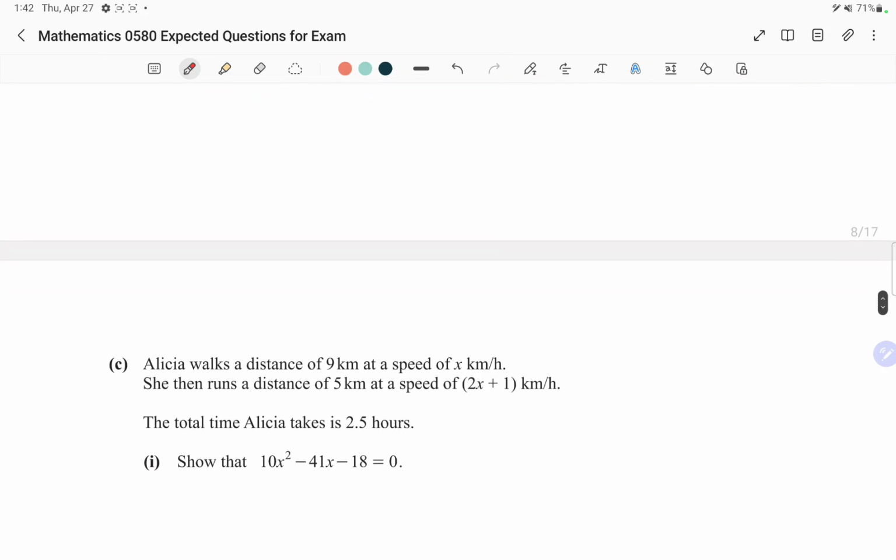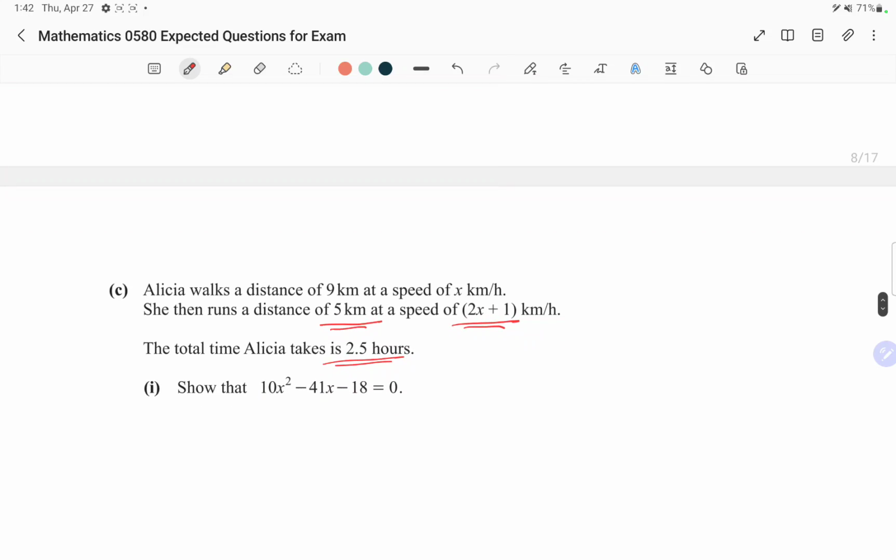Now next question. Alicia walks a distance of 9 km at a speed of x km per hour. She then runs a distance of 5 km at a speed of 2x plus 1 km per hour. In total Alicia takes 2.5 hours. Show that. So the time of walking we can find.